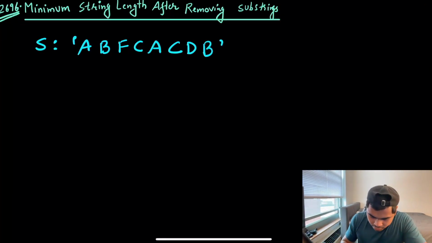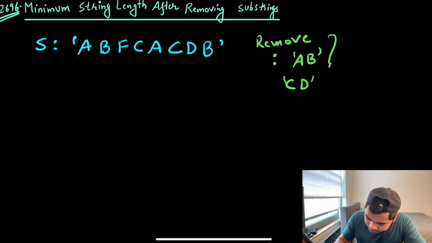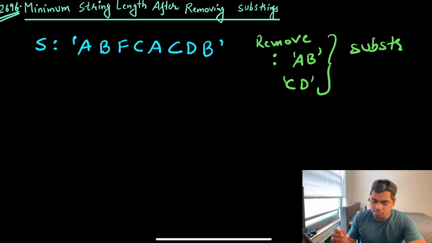This is the string that is given to us. We need to remove two substrings, AB and CD. These are the two substrings that we need to remove.